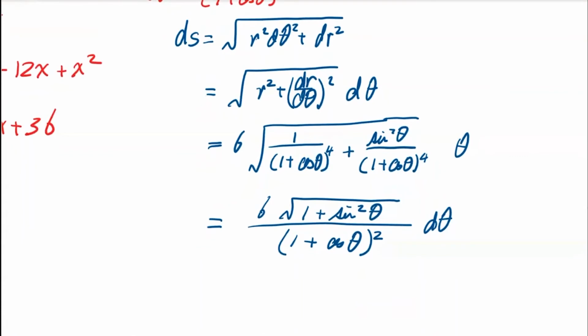Then what do we do? Could we do something about this? 1 plus sine squared. What is sine squared? Or should we just shove the whole thing into a calculator since it's a calculator problem anyway?